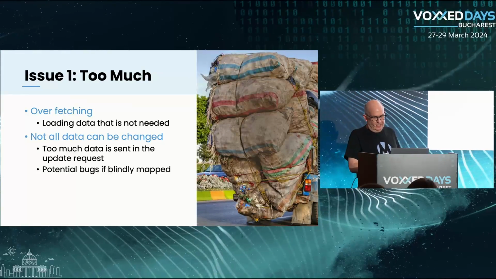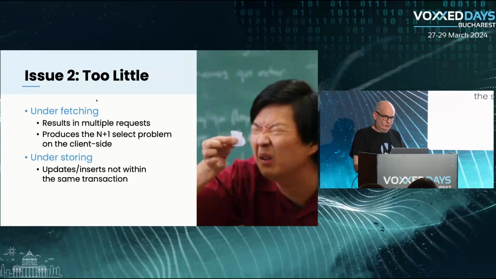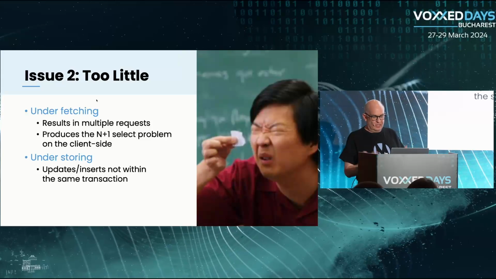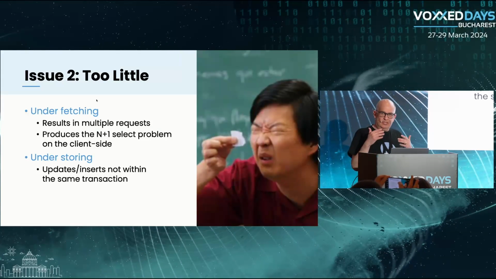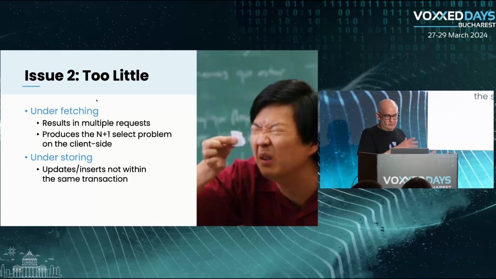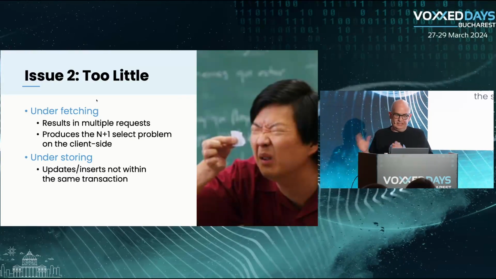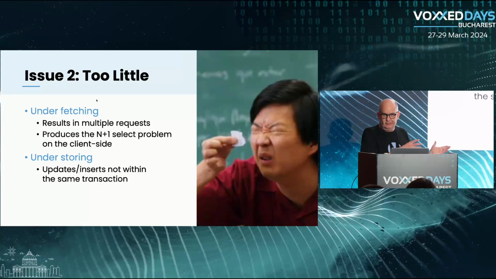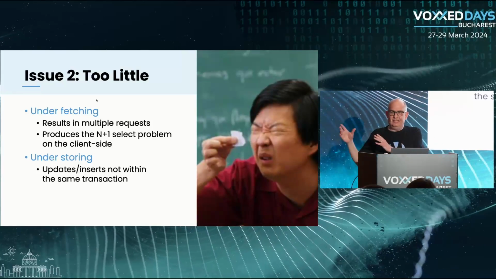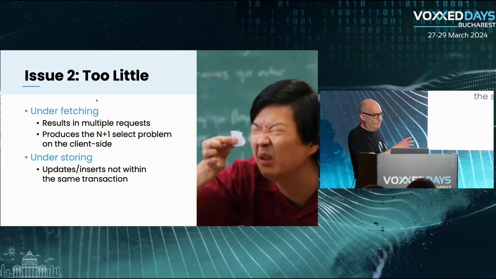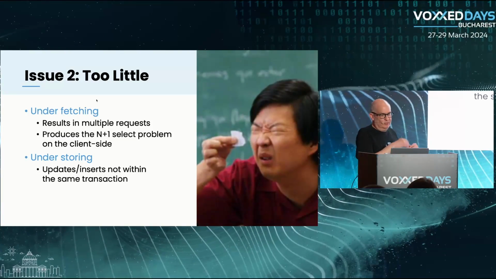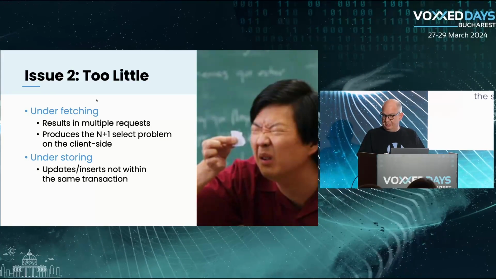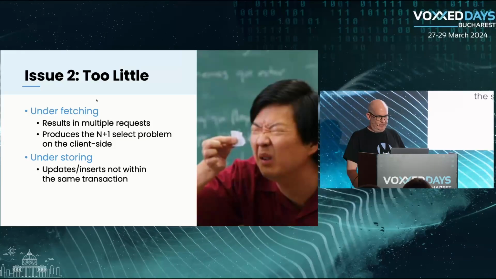On the other hand, there is another issue. Sometimes we do too little. So we have something called underfetching, and this will require multiple calls from the client to the server, and this will just move the n+1 select problem that I've shown you before with the SQL statements to the client side. You will not see that on the server, but you could see that on the client, because if you have a page and display data, there may be like 20 or 30 requests just to display the data on that page.